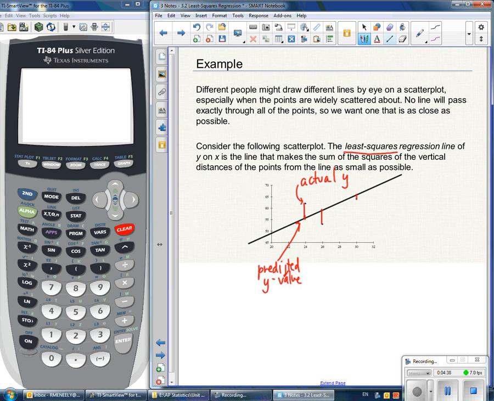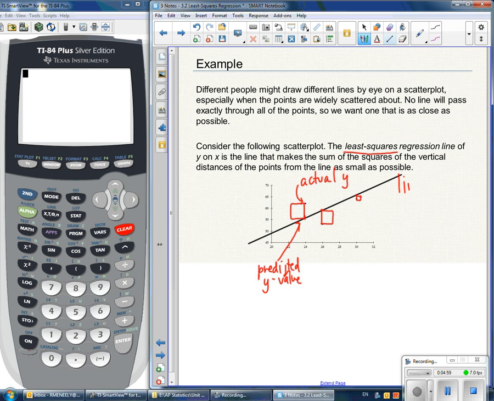And so what I'll do is I'll actually just express that geometrically with a square. And some of the squares are going to be bigger than others. And the goal of regression is to minimize the sum of the areas of those squares.